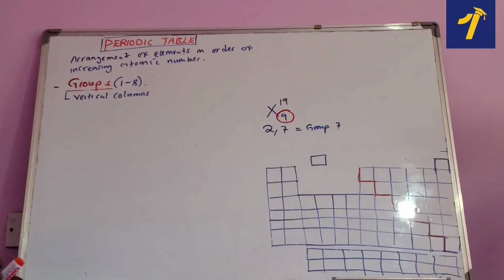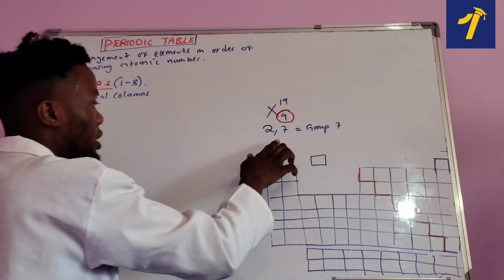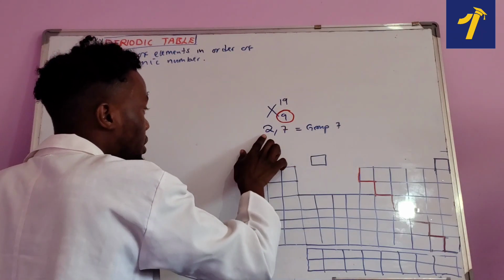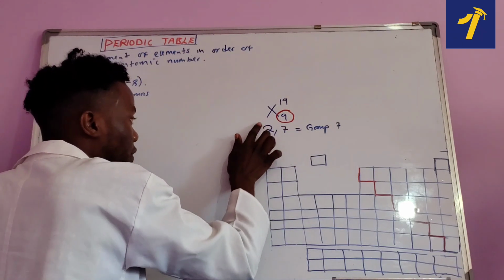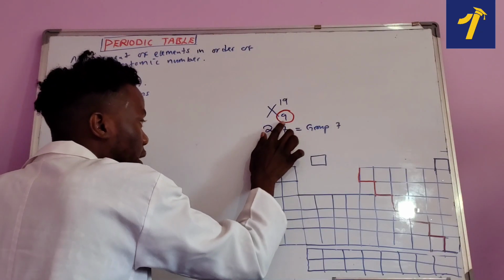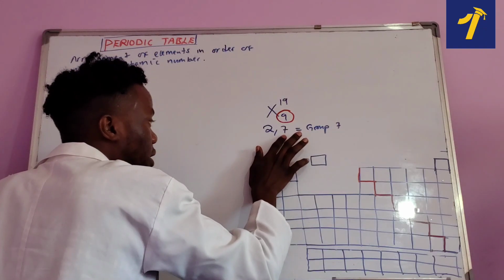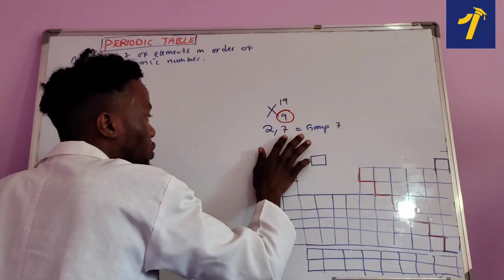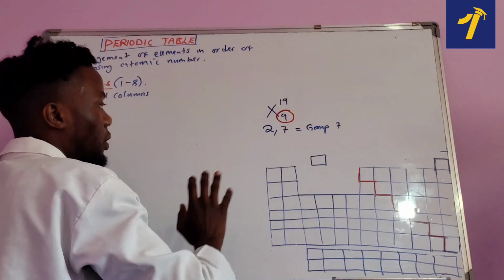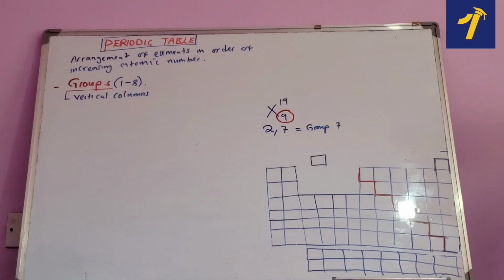What is the main reason why we're saying element x is in group 7? It is because this is the first shell, after the comma this is the second shell, which is the last shell, and there are 7 electrons in the last shell. So that's why we're saying x is in group 7. That's how we tell the group number.